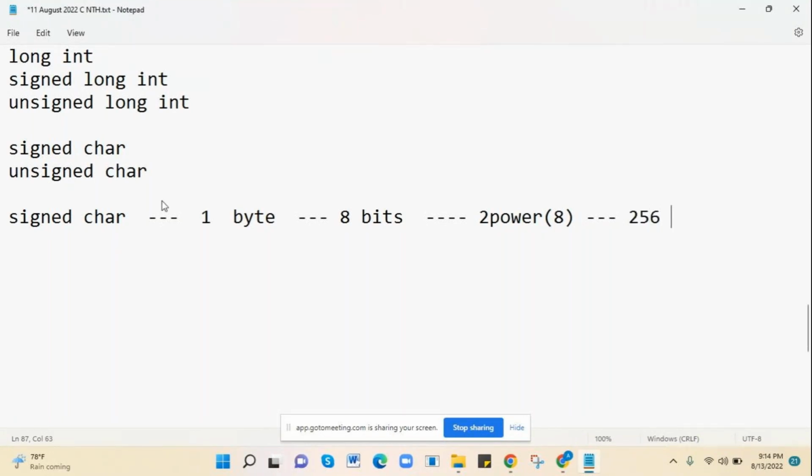How many values? 256. So that's why they divide this 256: half are positive values, half are negative values. So it starts from minus 128, minus 127, minus 126, and so on.